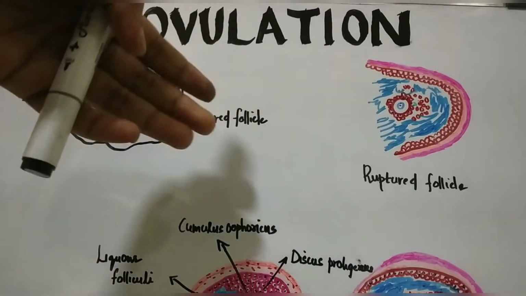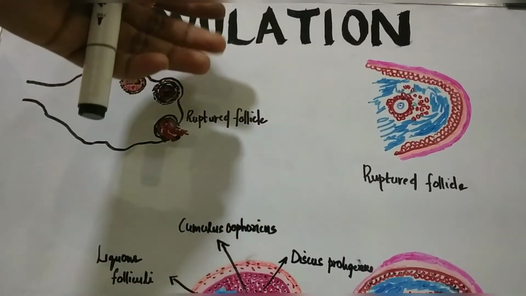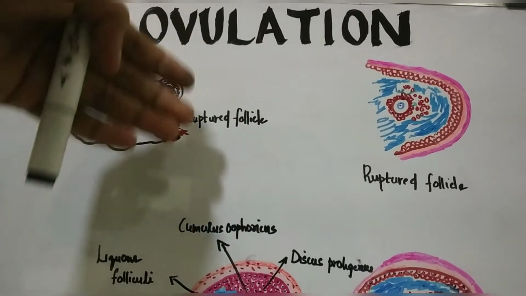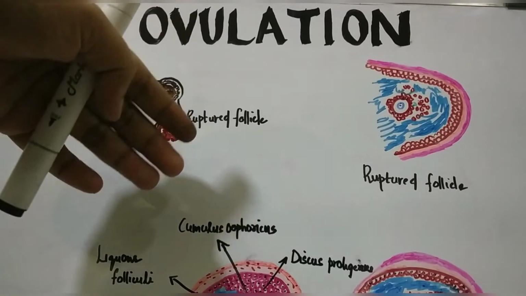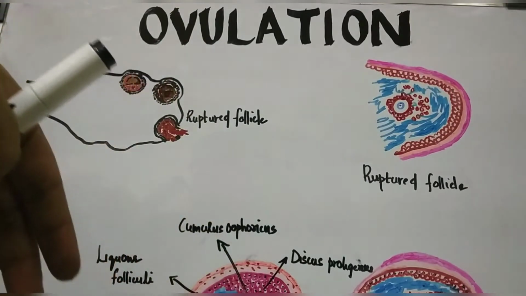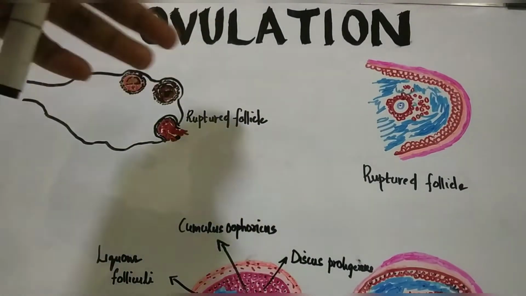It starts the second meiotic division, but gets arrested in the metaphase of the second meiotic division. So when the follicle ruptures and the secondary oocyte is released, it is in the metaphase of the second meiotic division.